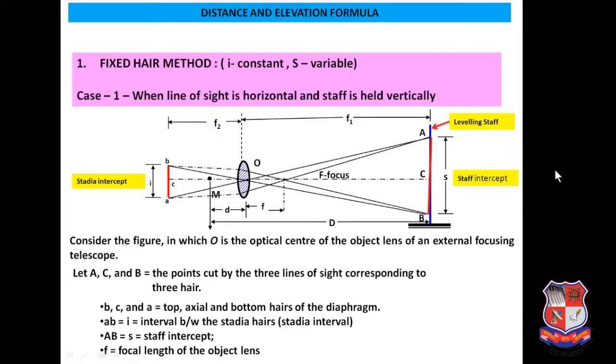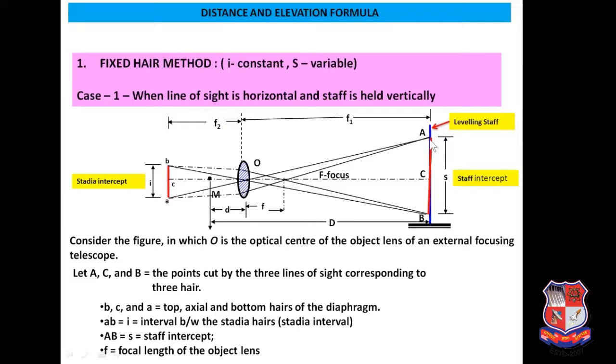Now consider the figure in which O is my optical center of the object lens. You can see here, this is my O. O is my optical center of the object lens of an external focusing telescope. Let capital A, capital C and capital B be the 3 points cut by the 3 lines of sight or rays corresponding to the 3 cross hairs.